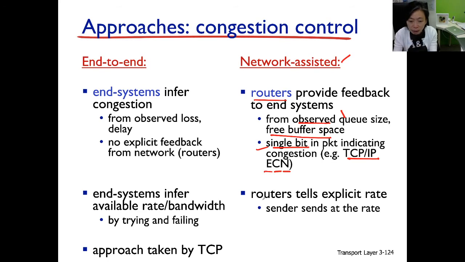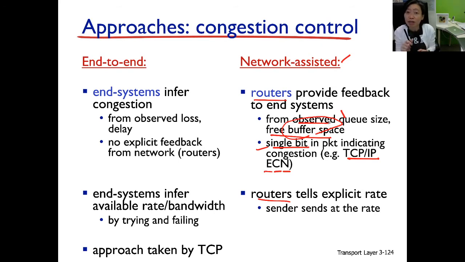What's nice about this approach is this: the routers observe exactly how much free space there is, and dividing by the number of flows, the number of connections going through, routers can also be more explicit, telling the receiver to inform the source: now, set the sending rate to this size. Set your sending window size to a particular size, such that we will not be overwhelming the router buffer space.